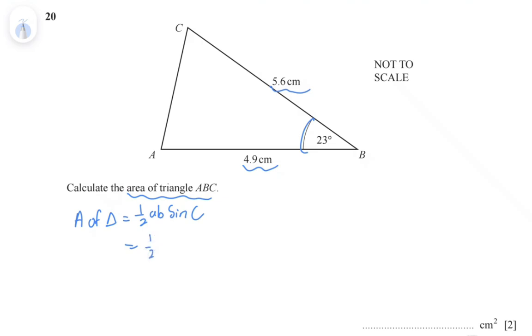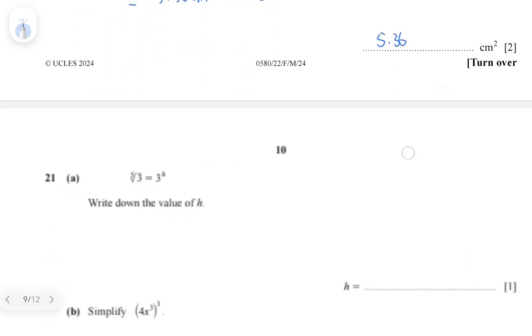So that'd be half 4.95 times 5.6 times sine 23 degrees, which gives us an answer of 5.36 centimeters squared to three significant figures, as we do not get an exact answer.